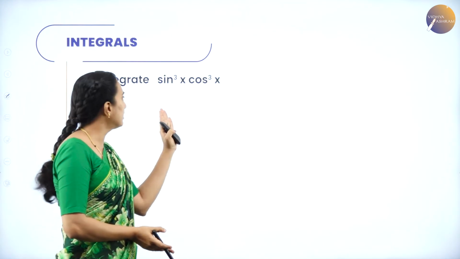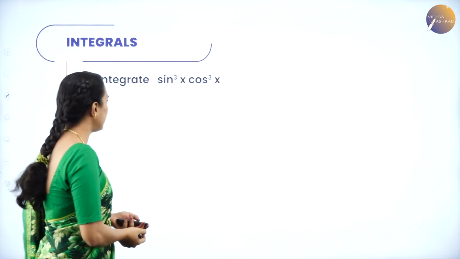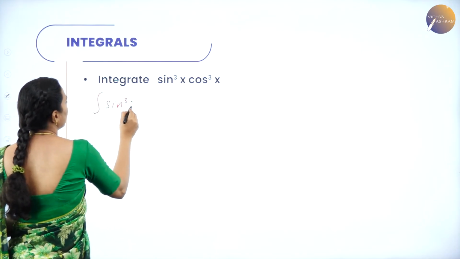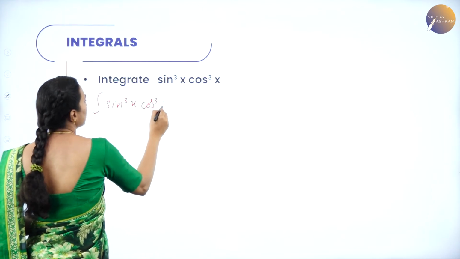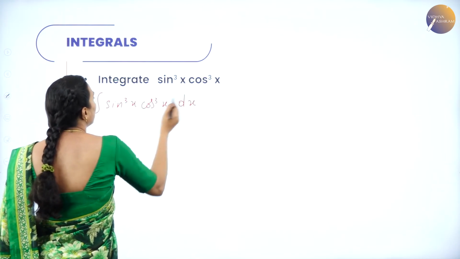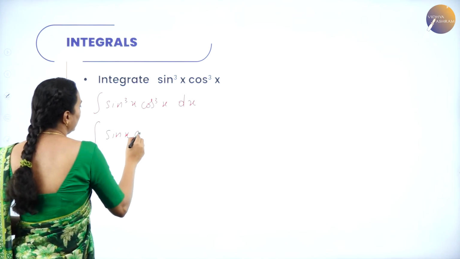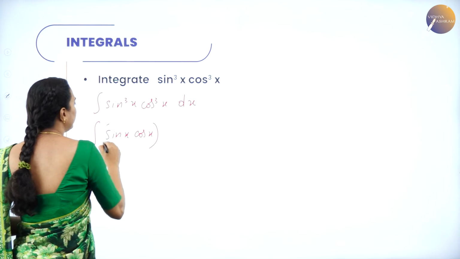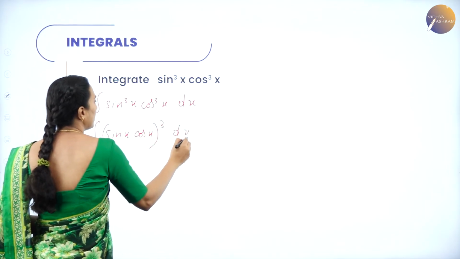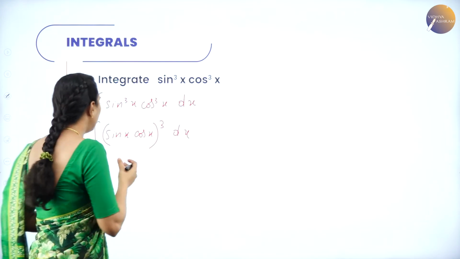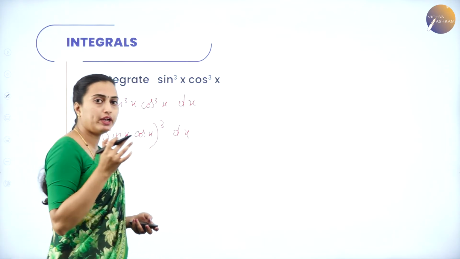Now writing this, integral of sine cube x into cos cube x into dx. Here I am writing this as sine x into cos x whole cube, right? You can write this as sine cube x cos cube x. Now what I am going to do here, inside I am going to multiply and divide by 2.